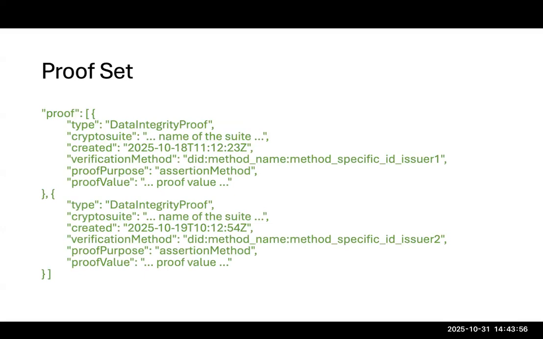Okay? So if there are applications that require two or more signatures, the specification gives us the right to do that using the proof set property.